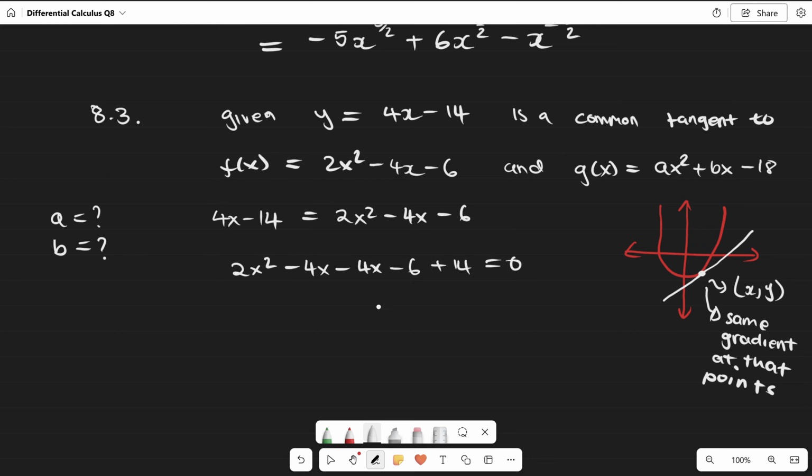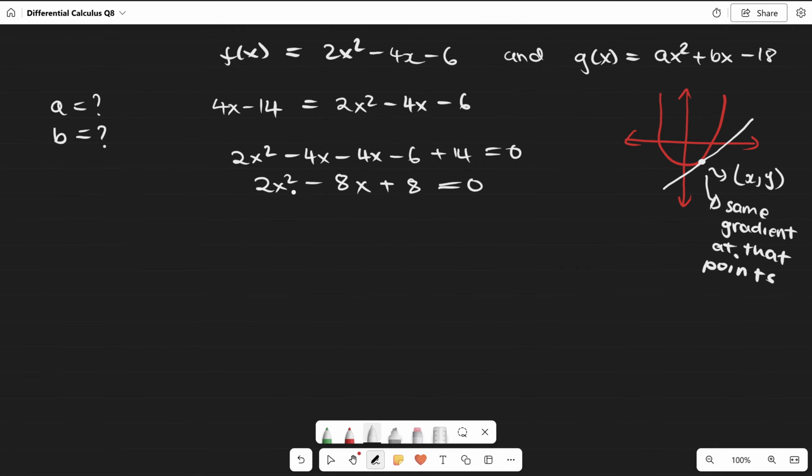And all of that equal to 0. So we have 2x squared minus 8x and plus negative 6 plus 14, that's 8, if I'm not mistaken. That is equal to 0, right?